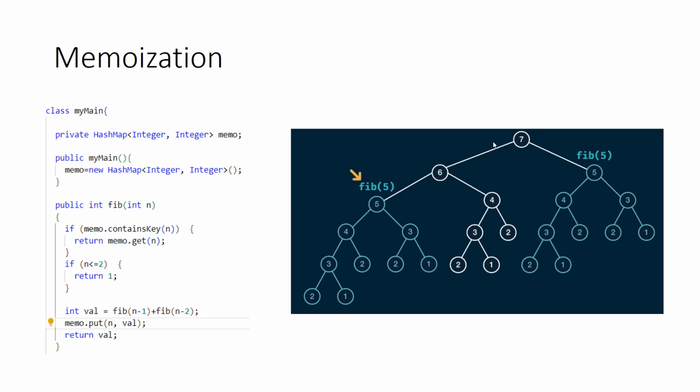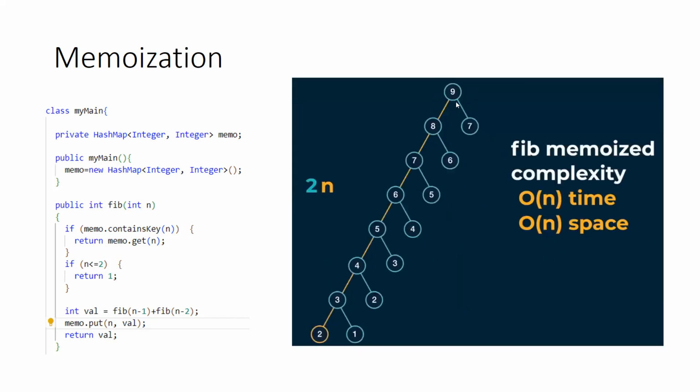Okay, so instead of following this tree, what we end up with is a somewhat reduced binary tree, where, for example, if I'm calculating Fibonacci of 9, I will go down through Fibonacci of 8, 7, 6, 5, 4, 3, 2, and 1. And then once I return from 2, I will save the record that Fibonacci of 2 is 1, and let's say Fibonacci of 1 is also 1, and therefore Fibonacci of 3 is this.